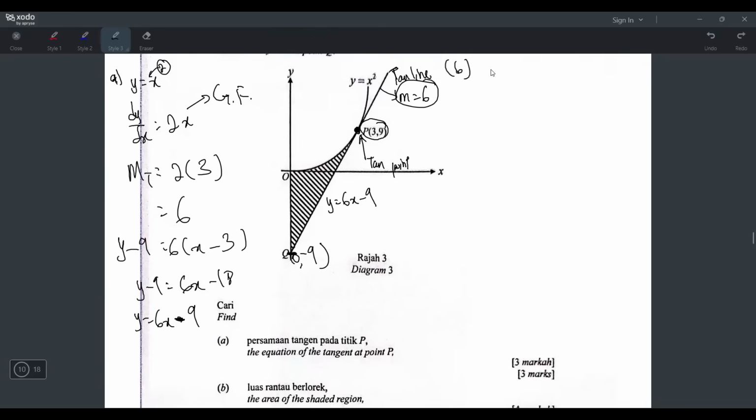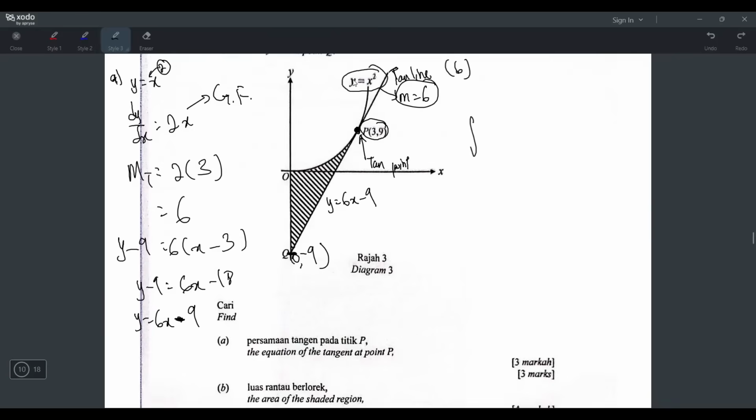Okay, so how to find area of shaded region? First thing we need to know is which axis we want to use. We can integrate towards x-axis. We also can integrate towards y-axis. If I look at my equation here, this one is y equals. So let's try integrating towards x-axis.